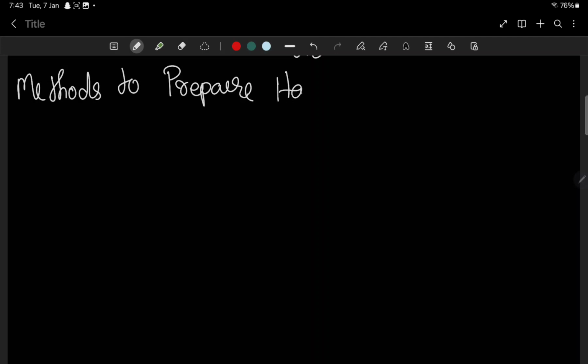Now methods to prepare haloarenes. This is very important. The first method is directly from benzene, or from toluene.